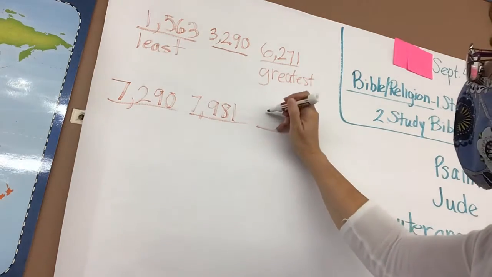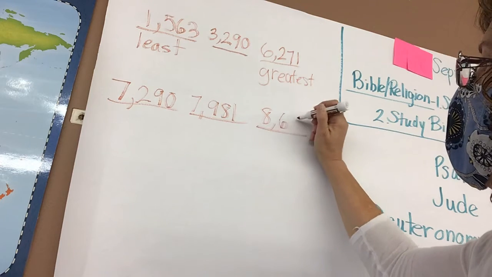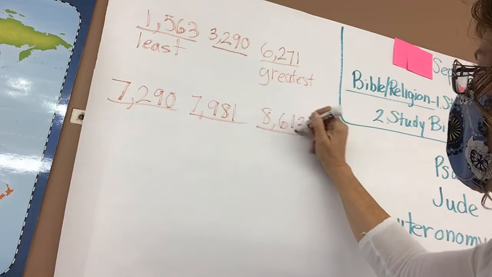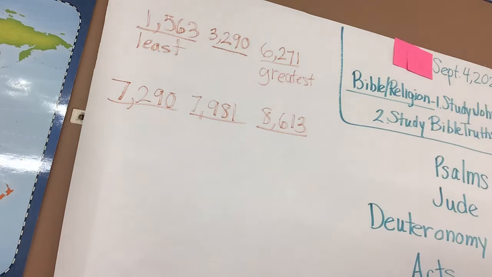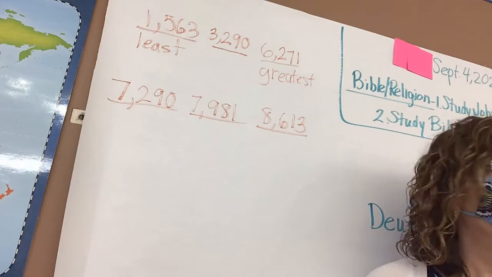And then the greatest one is the 8,613. I do think I'm going to switch out to a different marker. This one is not showing up very well. All right, let's try this one. All right, does anybody need more time?